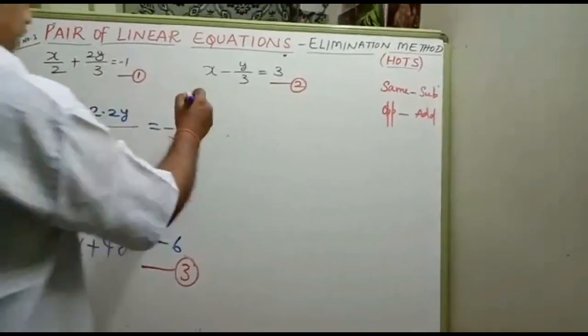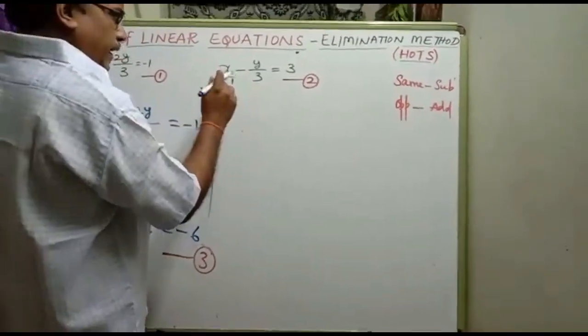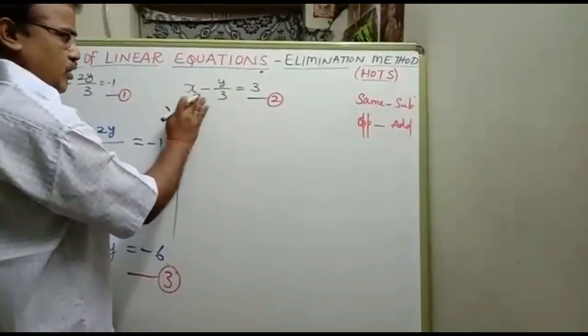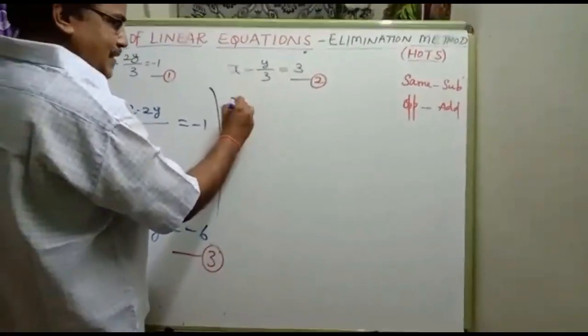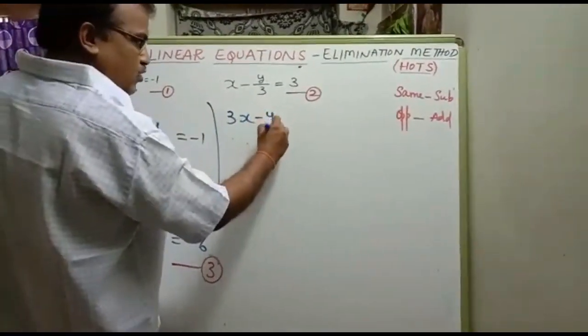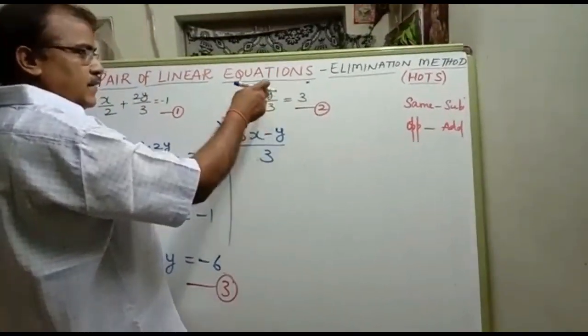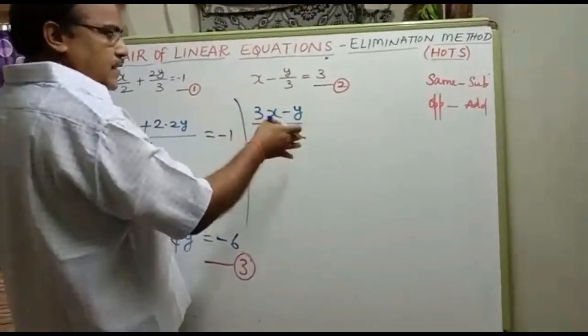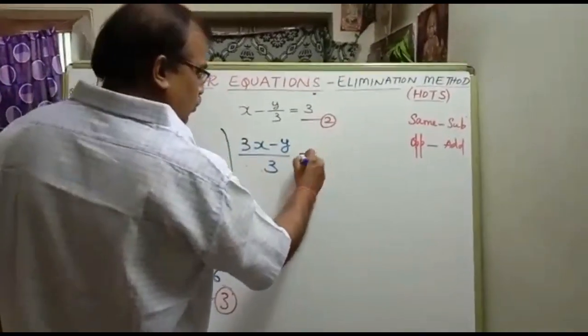Now, that also I will simplify. Here, if you want, you can take by 1 and take the LCM. Otherwise, you can do the shortcut method. Why? Because x into 3 is 3x. 3 into x, 3x. Shortcut method: minus y, now by 3. Before, the by 3 is only for y by 3. Now it is 3x minus y by 3 is equal to 3.